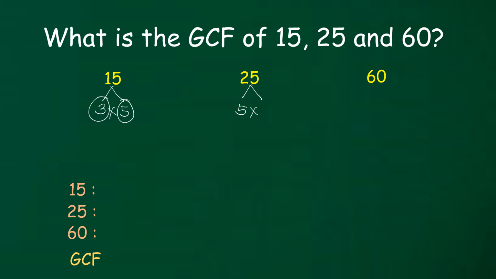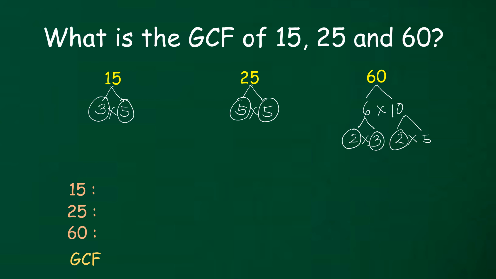That is 5 times 5. Both numbers are prime. For our 60, we can use first 6 times 10. Then our 6, you can factor it by 2 times 3. This is now prime. Then for our 10, you can factor it as 2 times 5. So these are prime now.